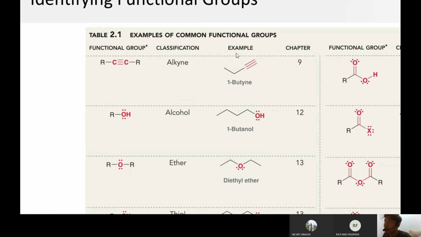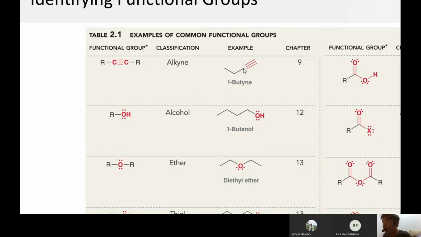If you have a triple bond, we call that group the alkyne. Alkyne means there are three bonds, a triple bond. For example, in this molecule, a carbon has three bonds with the other carbon.